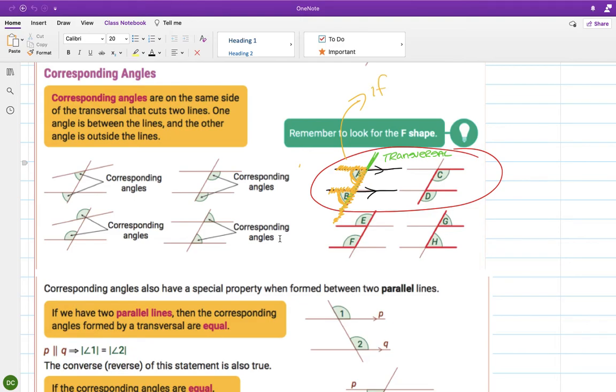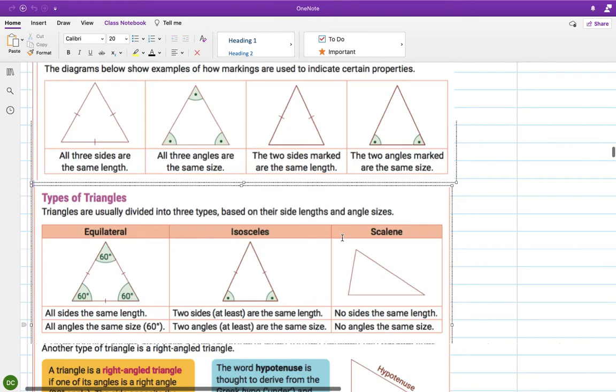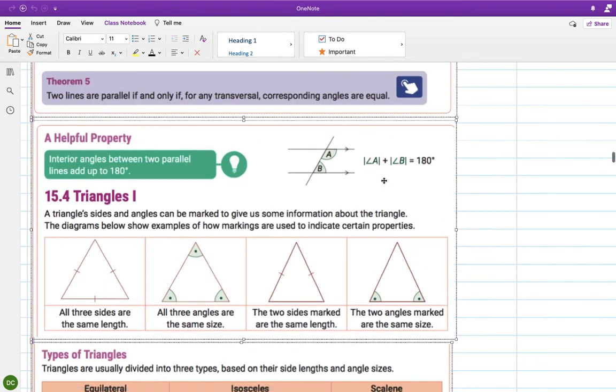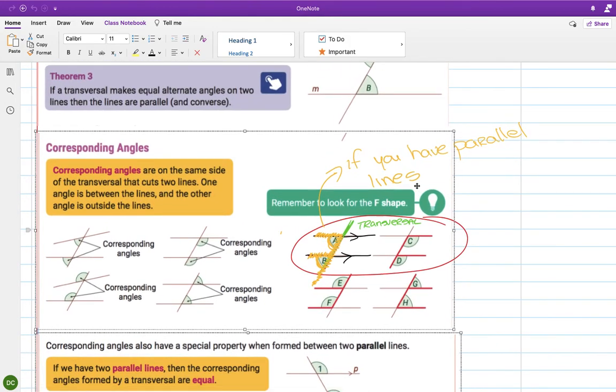So if you have parallel lines, corresponding, and there your F angles are equal. Okay?